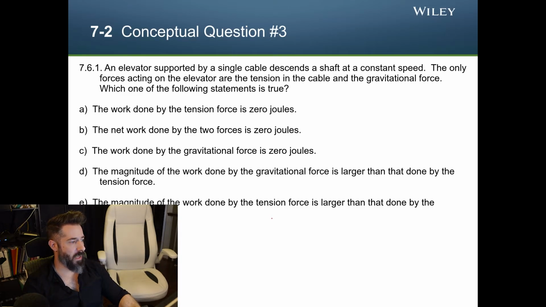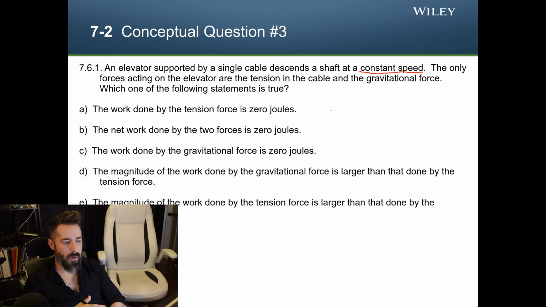Okay, an elevator supported by a single cable descends a shaft at a constant speed. This is important here, and there's a written example in the book, and there are different situations. These are going to seem like very similar problems, but they differ slightly in the wording, which completely changes the problem.